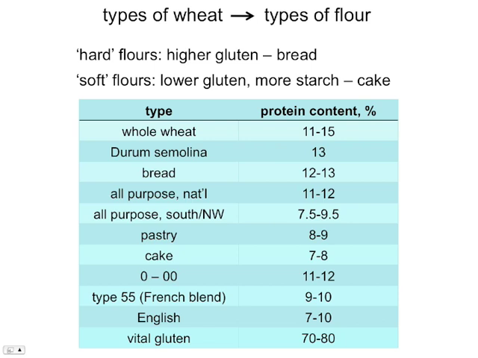The bran that might be left behind in whole wheat flour can affect that gluten formation. However, that's another story. But we see that the bread flours are going to have on the high end of gluten concentration. On the low end, we see pastry and cake flours, 5 to 10%.